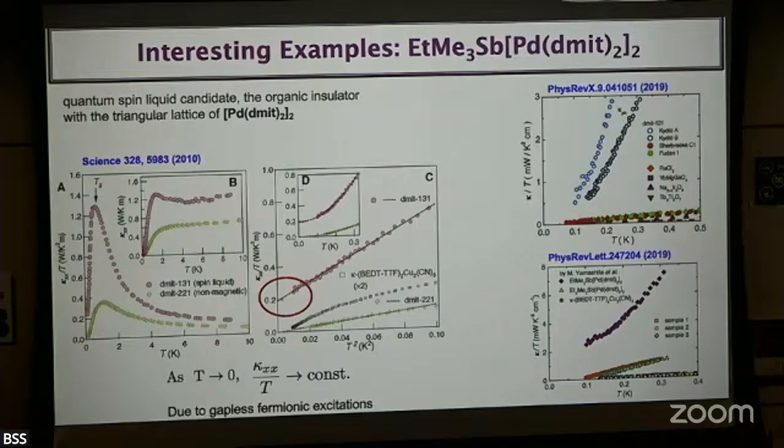For example, something as mundane as how the thermometer got attached. Here you can see the big difference between two different groups, and all the new samples they made are down there, with basically no thermal conduction.